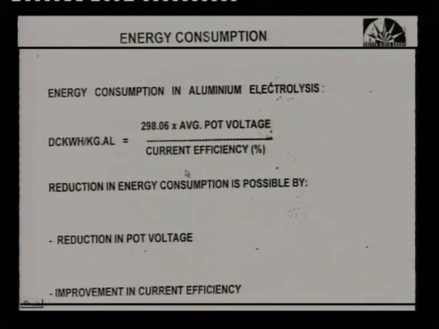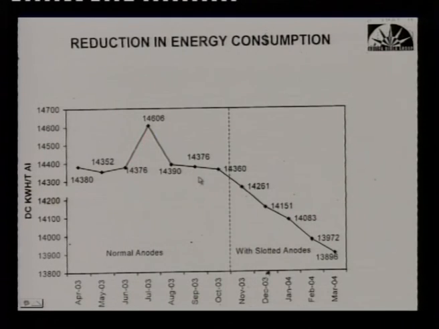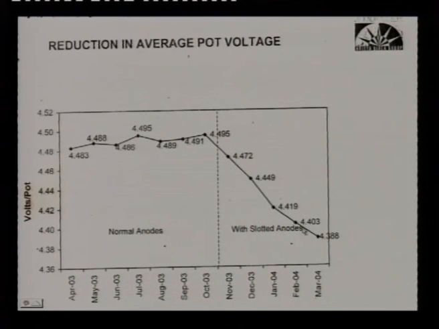Then there was an analysis of energy consumption, what we can do to bring it down, but companies definitely are trying. That is why the energy consumption is slowly going down, mostly because the average pot voltage is going down.